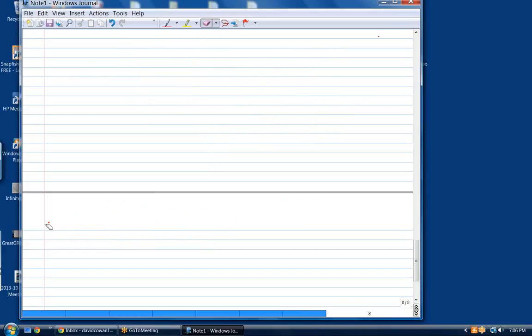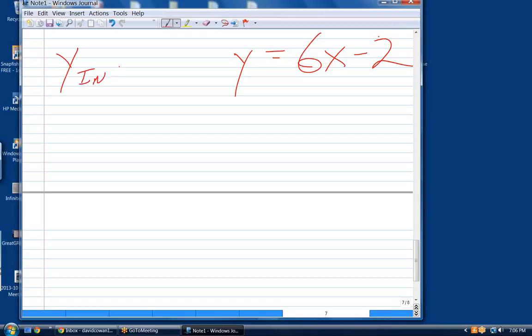All right. Now the next thing you learn, or the questions you're going to get asked, are: give me the equation of the line that is parallel to this line and has a y-intercept of plus 3.